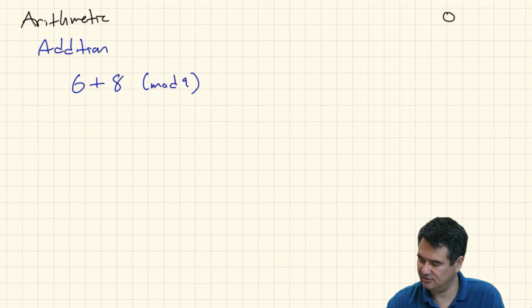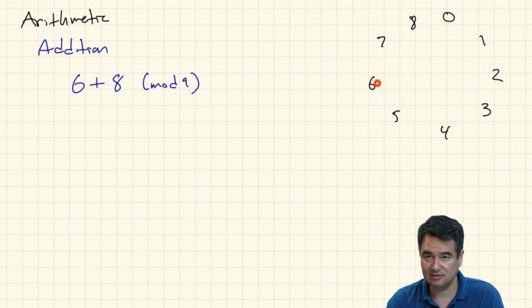Let's go 0, 1, 2, 3, 4, 5, 6, 7, and 8. So to do 6 plus 8, we start at 6, and then we add 8 to it by going in the same direction. 1, 2, 3, 4, 5, 6, 7, 8, and we end up at 5. So we know that 6 plus 8 is equal to 5.